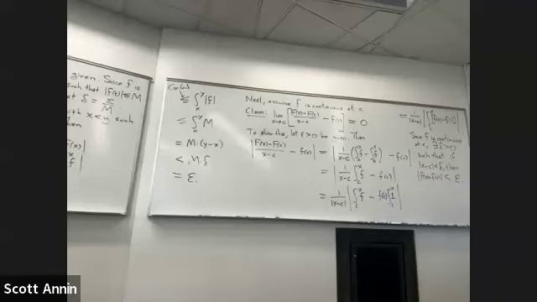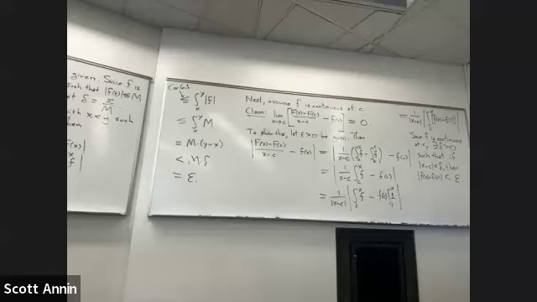I'm just putting in the epsilon there because f of x minus f of c is less than epsilon. And this is 1 over absolute x minus c times epsilon times absolute x minus c, which is epsilon.